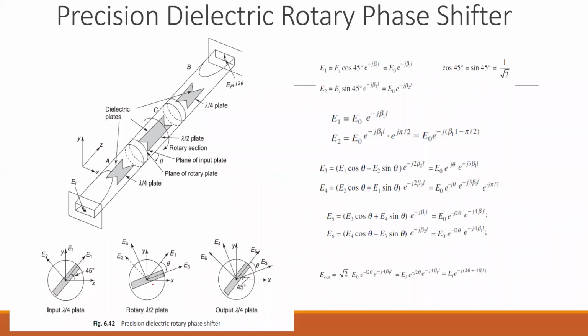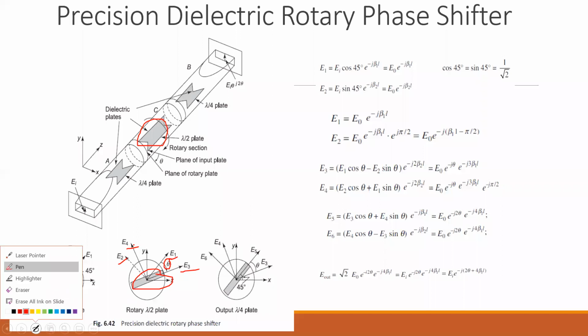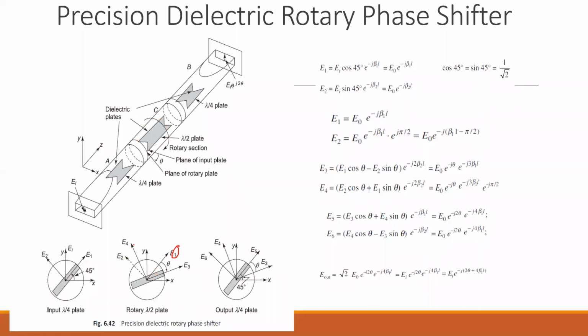Now here we can see different components like E1, E2, E3, E4. Depending on the rotation, if this plate we are observing is rotated by theta, then if I compare E1 and E2, and E4 and E3, what parameters will we be getting?